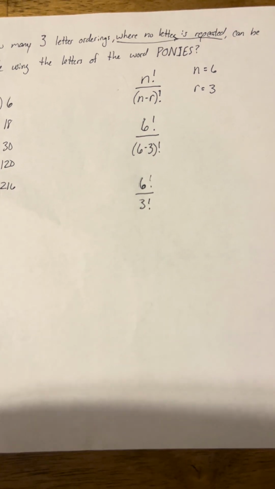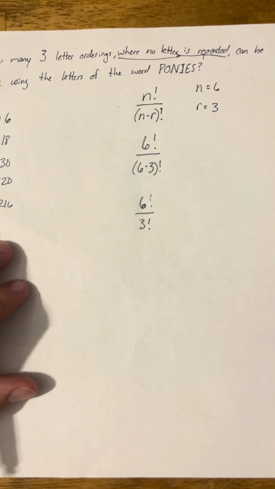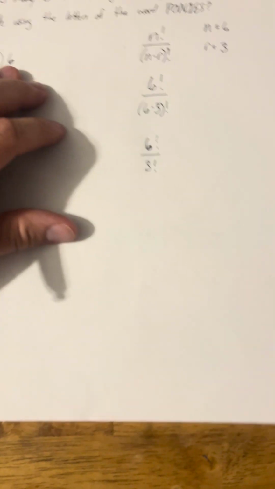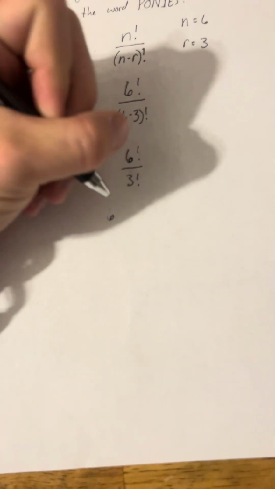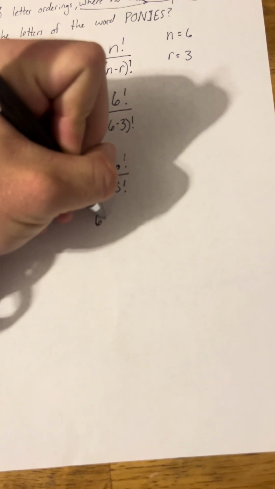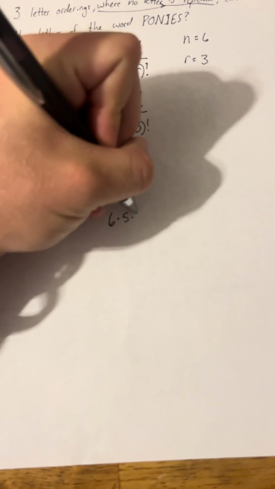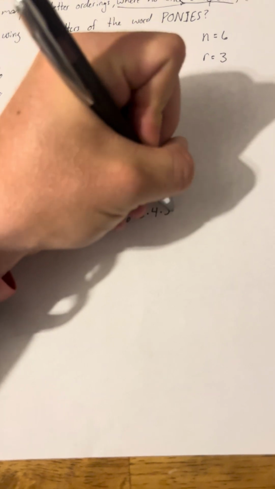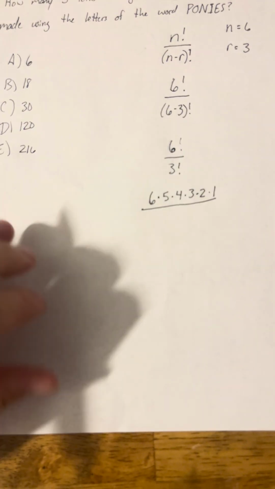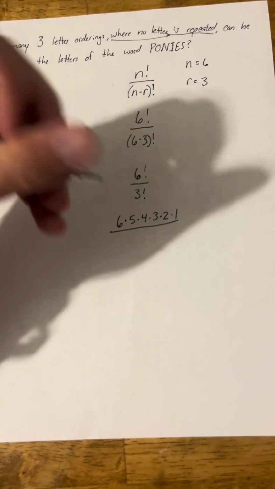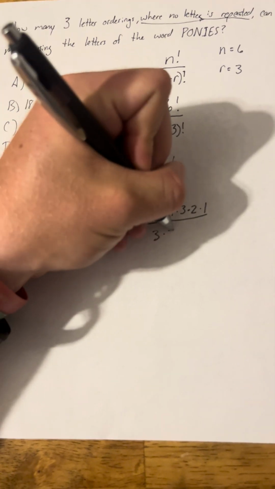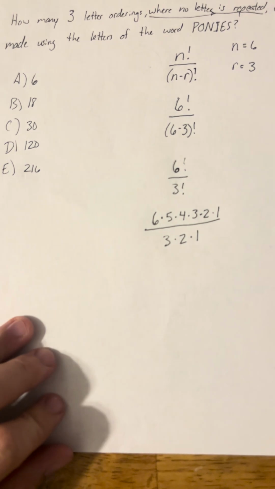Okay, so now let's simplify this. 6 factorial, like I just said, becomes 6 times 5 times 4 times 3 times 2 times 1 over 3 factorial, which is 3 times 2 times 1.